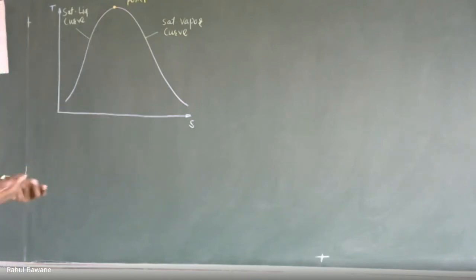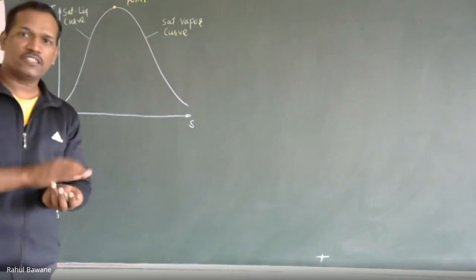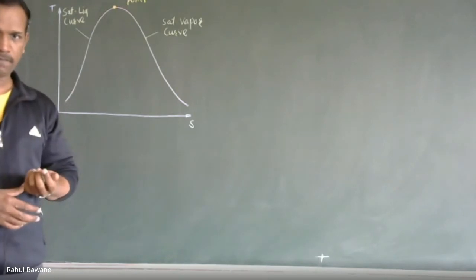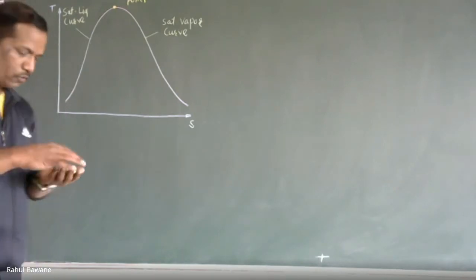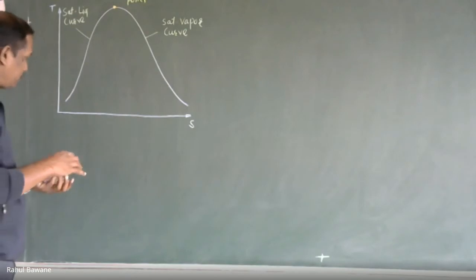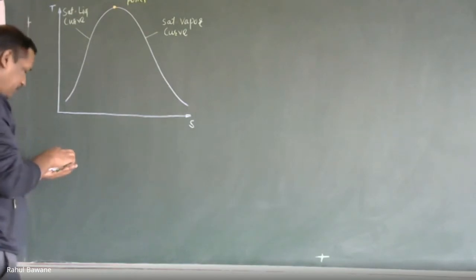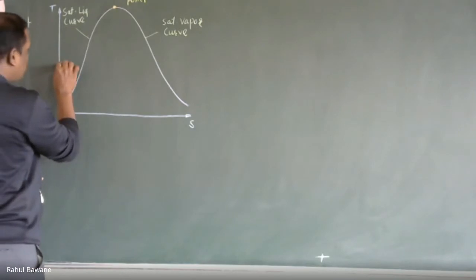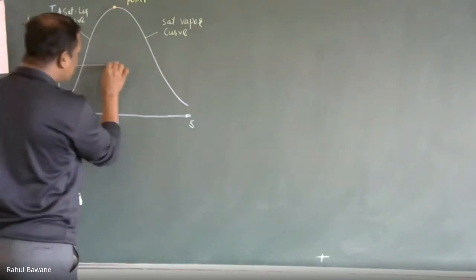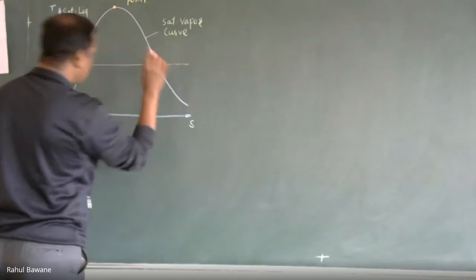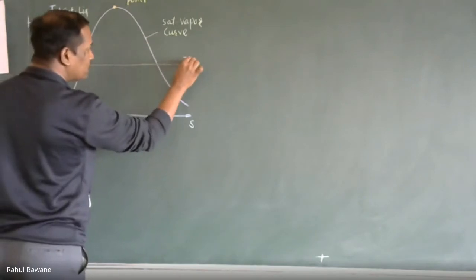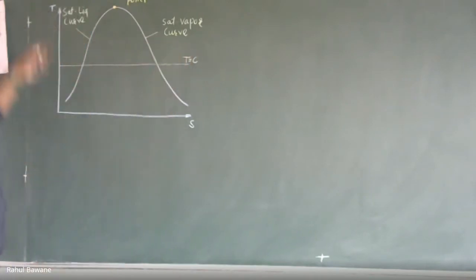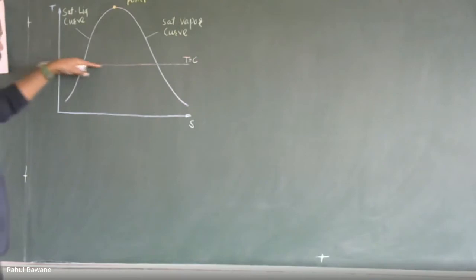Now suppose there is any constant temperature process. So we come to know that the line will be exactly horizontal. Any constant temperature process, the process line will be like this. T is constant, so temperature-wise there is no variation.